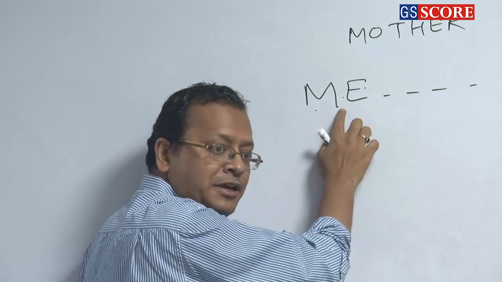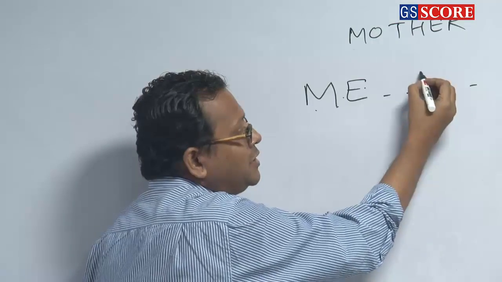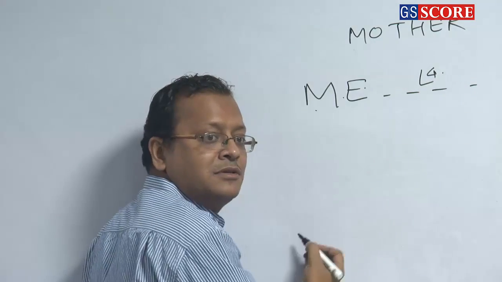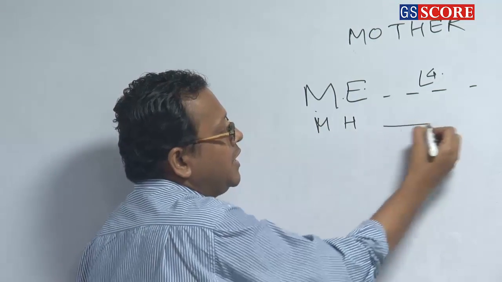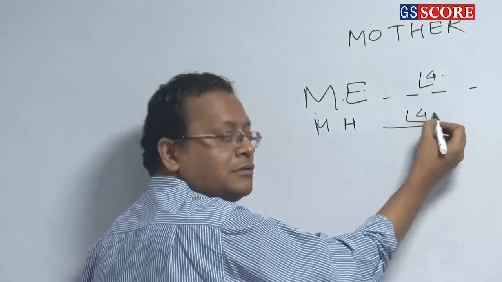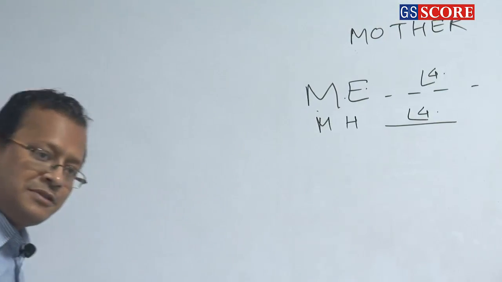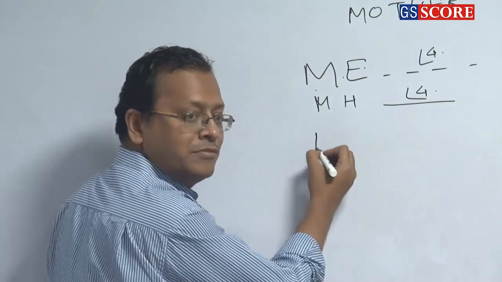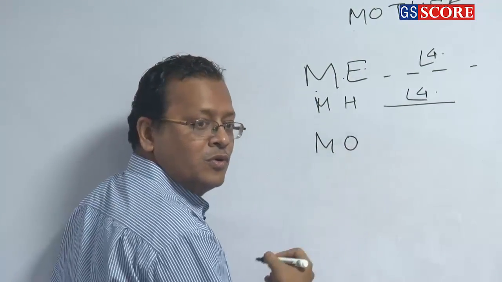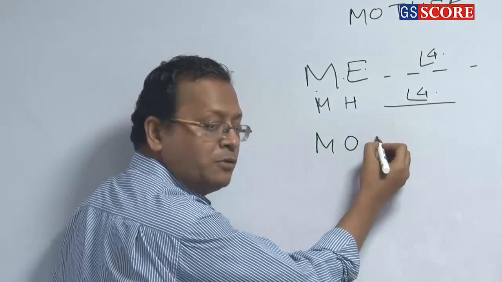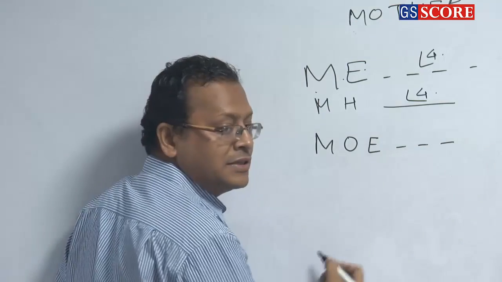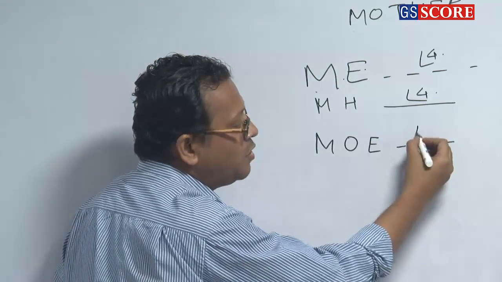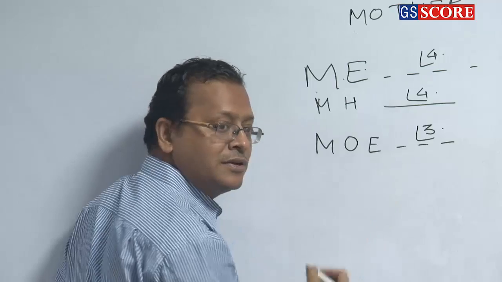If I fix M and E, the number of ways will be how much? Factorial 4. Then M H, again factorial 4, isn't it? Now M O. After M O what is the next letter? E. So the 3 remaining letters can be arranged in how many ways? Factorial 3.